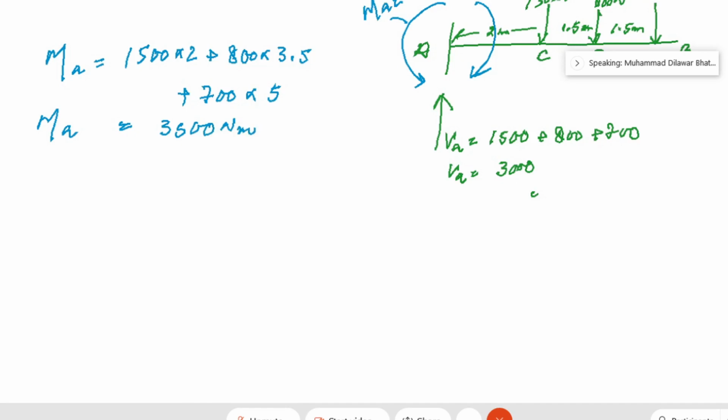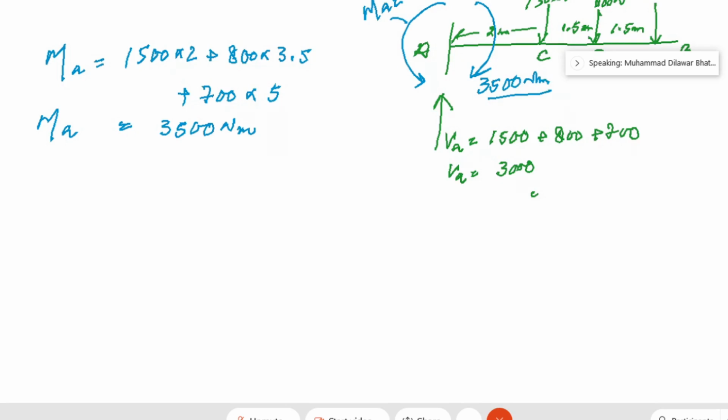Okay, now this moment is actually due to loads. Due to loads, there is a moment in the clockwise direction. It is actually a clockwise moment of magnitude 9300 Newton meter.